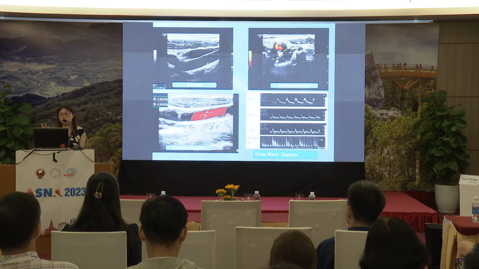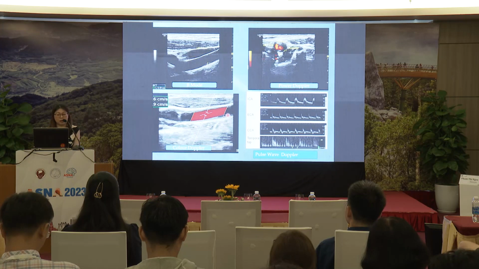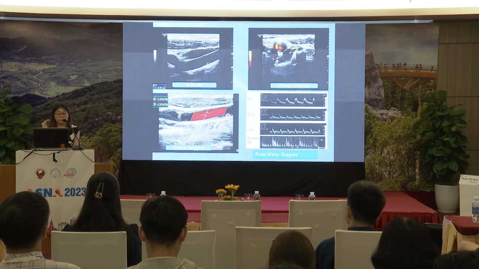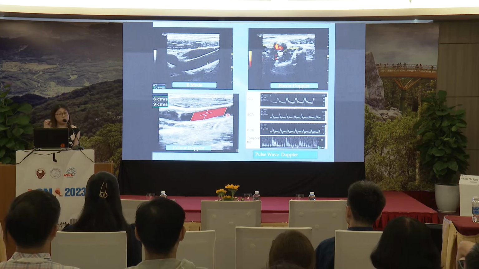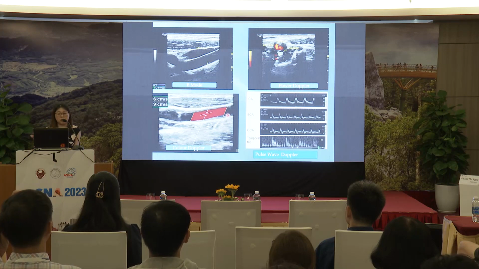And then after that, you need to put the pulse wave. If let's say from the CCA first, you need to follow the pulse wave Doppler from the CCA, and if you see mixed high resistance and low resistance, usually this must be CCA, because before the CCA diverts to ICA and ECA, it will have the mixed flow first.